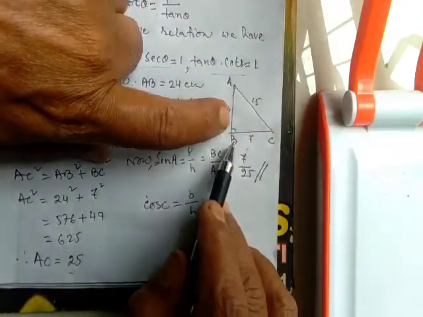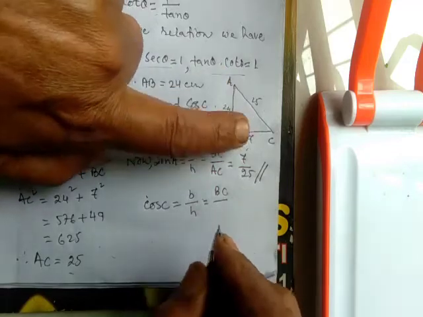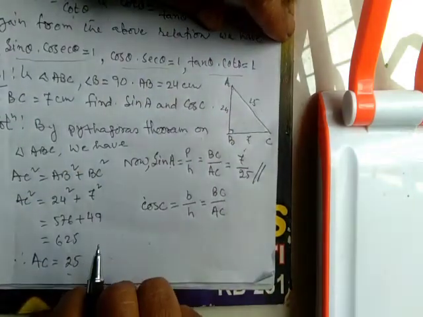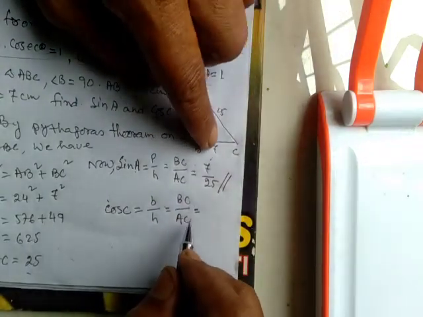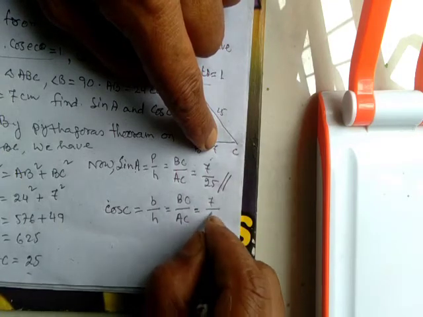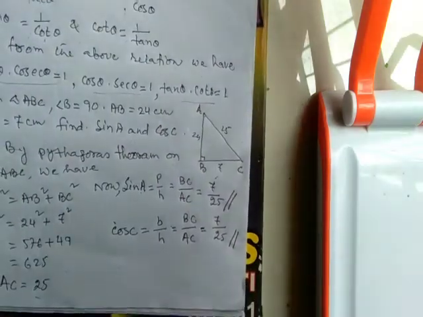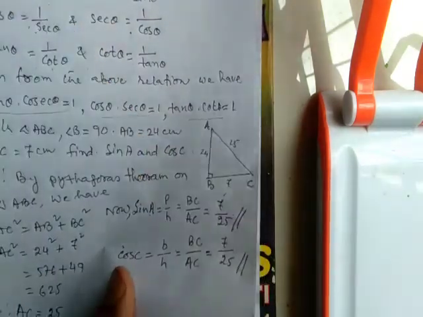I need the base, so definitely the base is BC, and the hypotenuse is AC, because the side opposite to 90 degrees is always the hypotenuse. So BC is equal to 7 and AC is equal to 25. So we are getting the same answer. Alright, next we will see example 2.